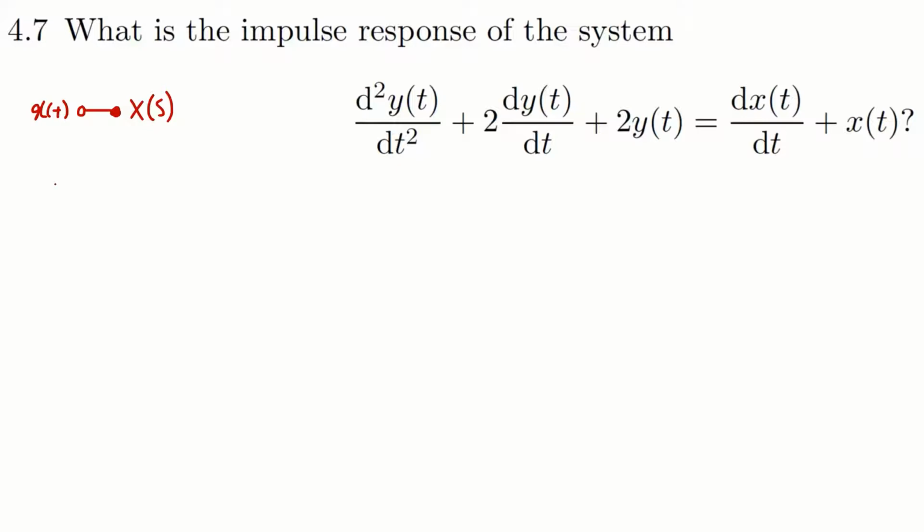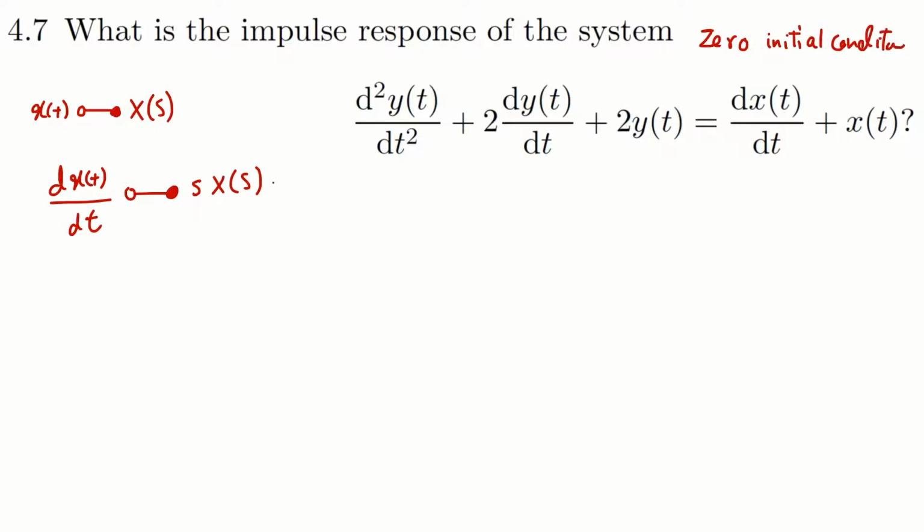If I take the derivative of x of t, and we are interested in the Laplace transform of this derivative, then that equals s times X of s, given the zero initial condition, because this is actually minus x of 0, and if we assume that this is given as zero, we can totally take this out.